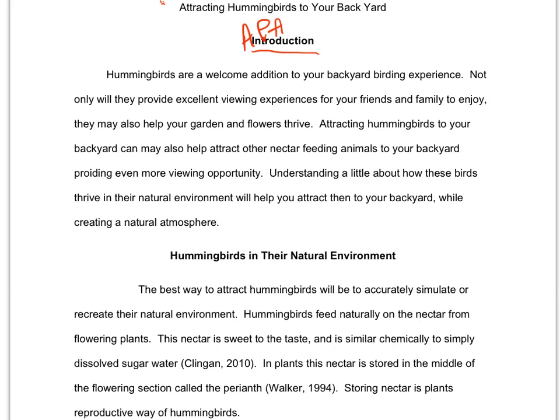Attracting hummingbirds to your backyard can also help attract other nectar-feeding animals to your backyard, providing, that's a spelling error, even more viewing opportunity. Understanding a little about how these birds thrive in their natural environment will help you attract them, another spelling error, to your backyard while creating a natural atmosphere.